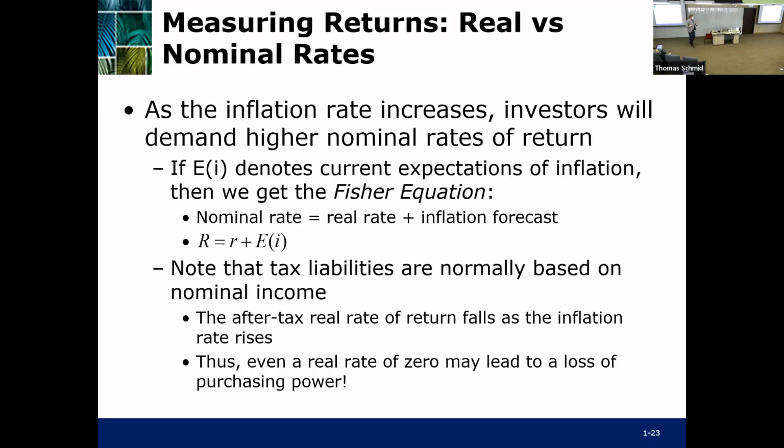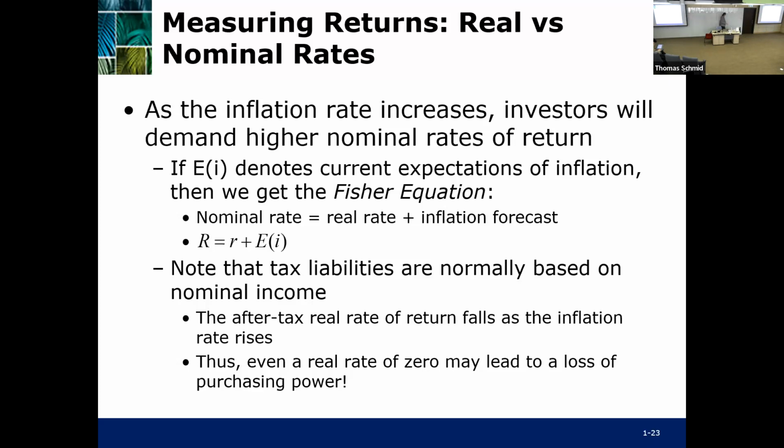So this is a pretty strange phenomenon, because if you change this example to a case where you have zero nominal rate of return and zero inflation, there is no tax anymore, but you also have zero real rate of return. So in economic terms, 10% nominal and 10% inflation, and 0% nominal and 0% inflation, it's the same thing. It always gives you 0% real return. But in reality, it's not, because of taxes.